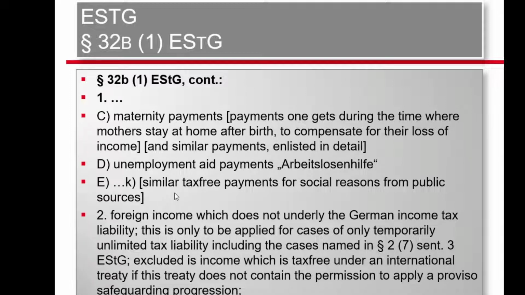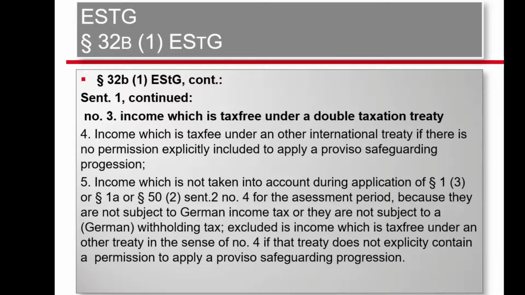And number 2, for example, says foreign income which does not underlie the German income tax liability at all. Or number 3, income which is tax-free under a double taxation treaty. So that is the case here.